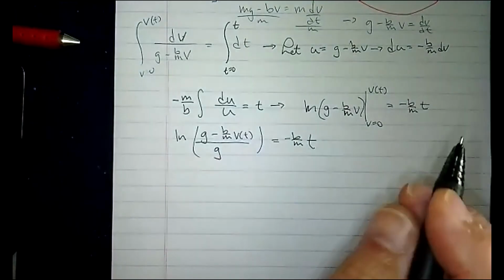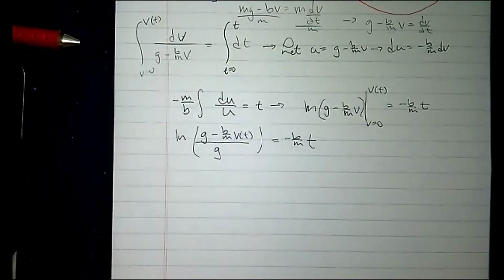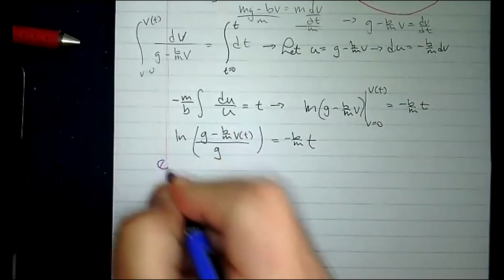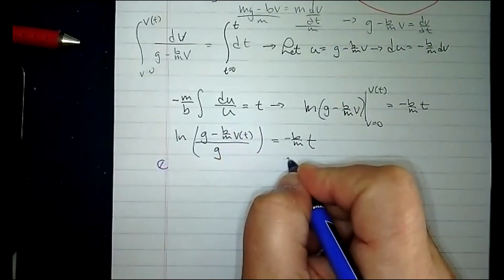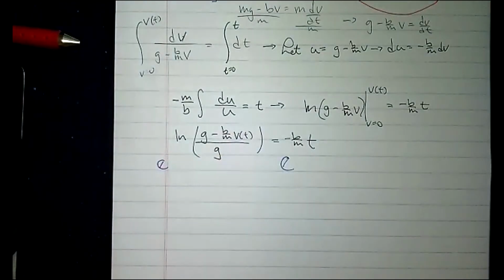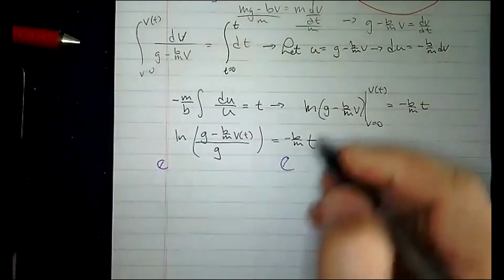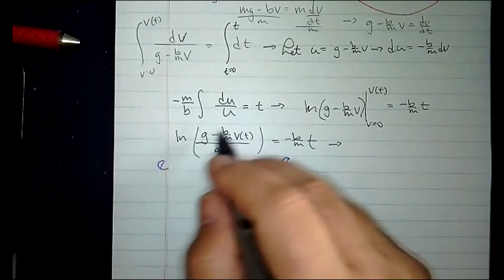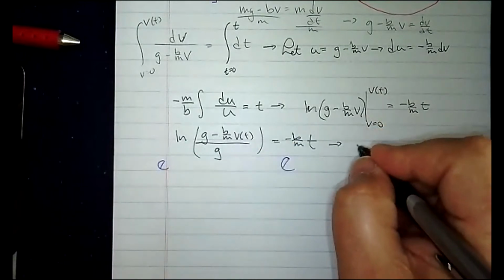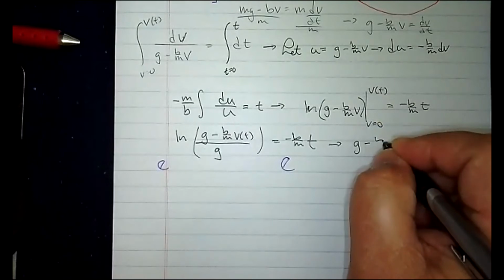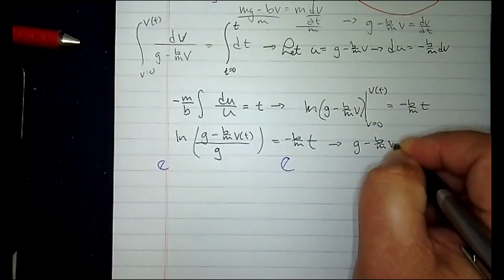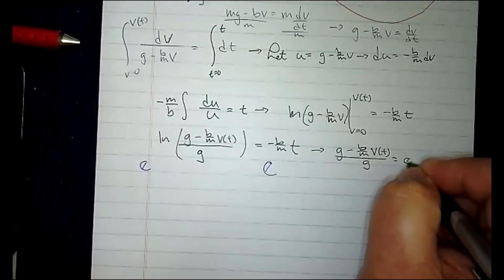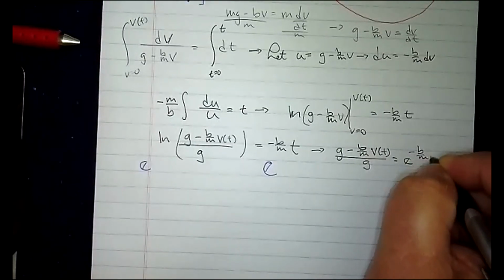Now I'm going to make mathematicians squirm by saying I'm going to raise e to this power and set it equal to e raised to this power. And whenever you raise e to the natural log power, you just get the argument back. So I'm going to get g minus b over m v of t over g is equal to e to the negative b over m t.